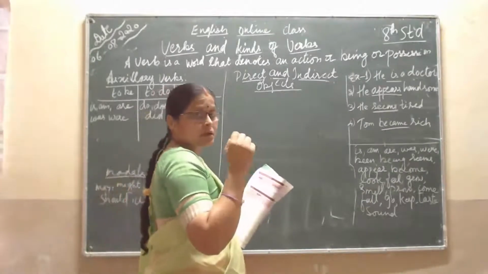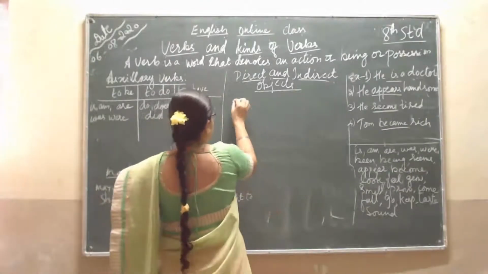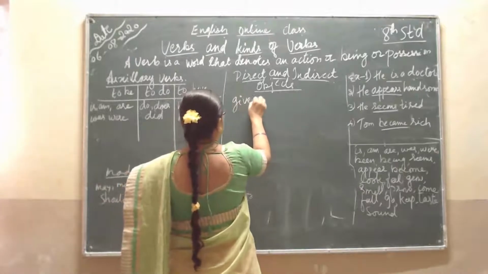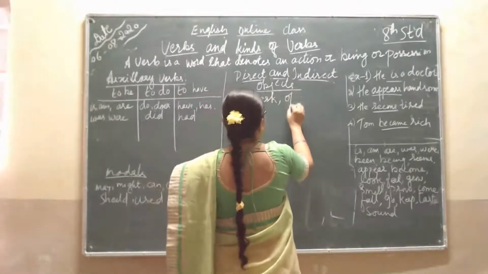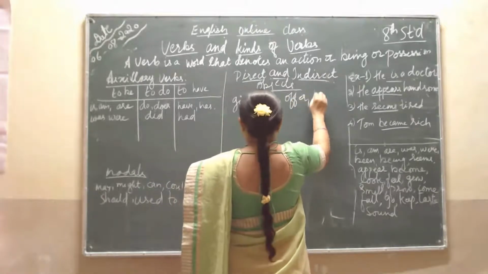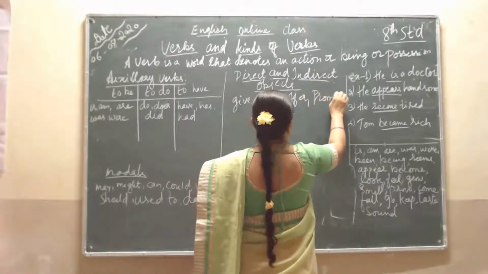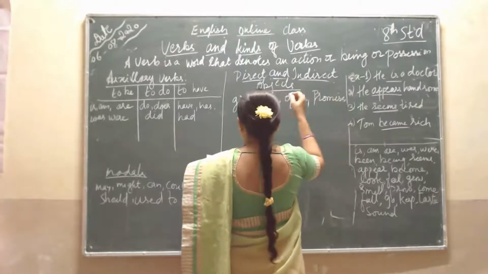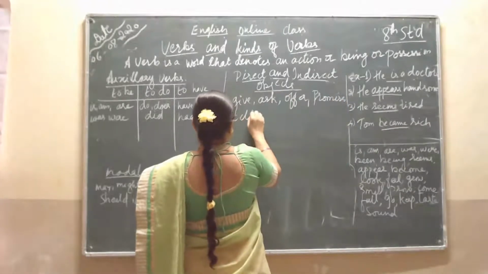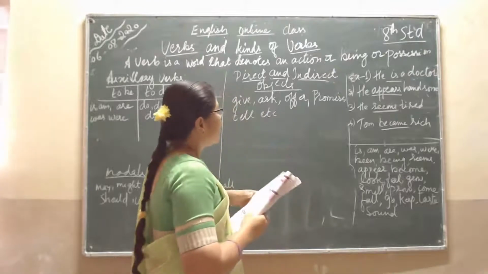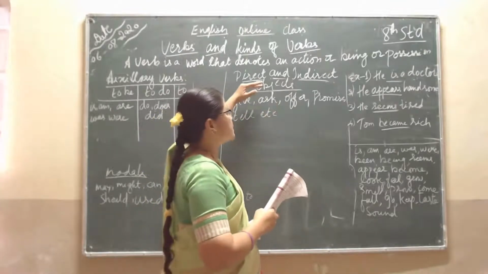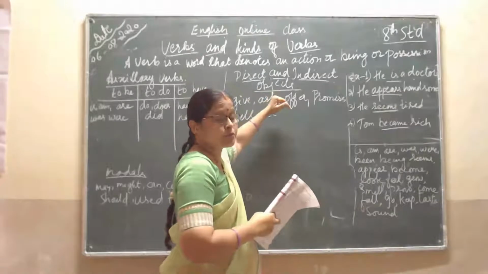Certain words are there, such as give, ask, offer, promise, tell. These words have two objects, direct objects and indirect objects.